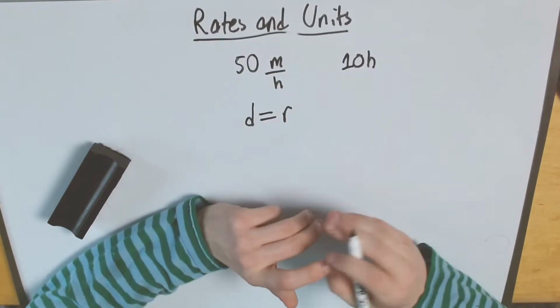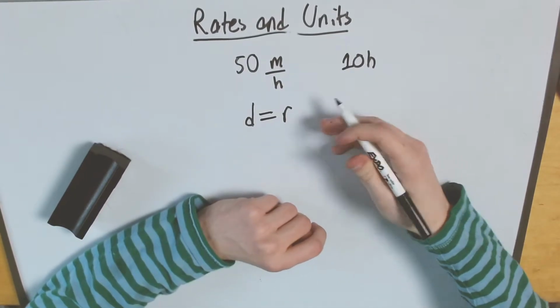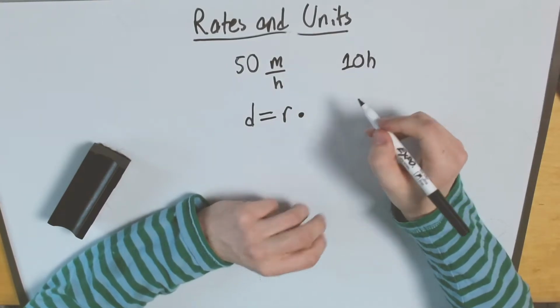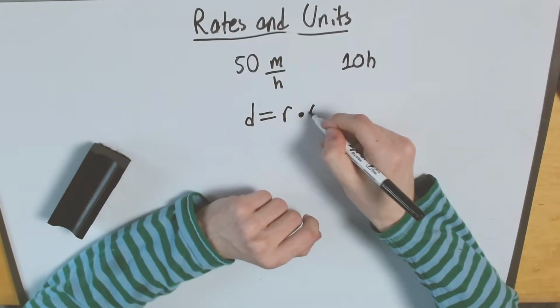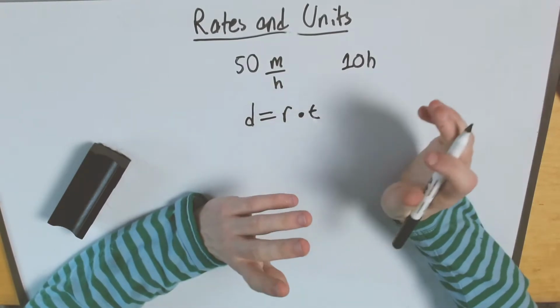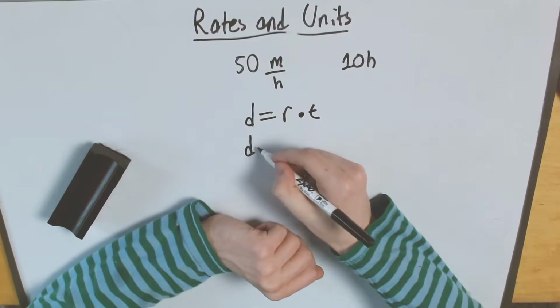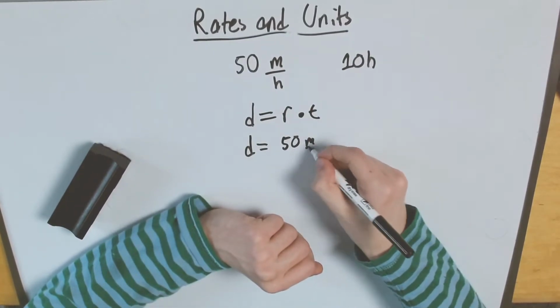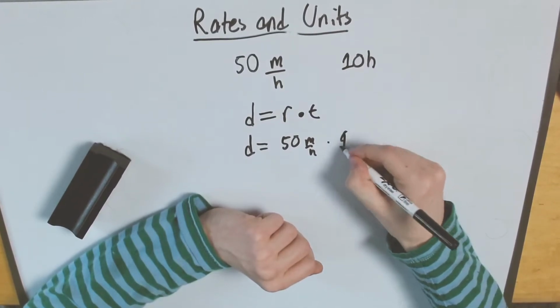How many miles we're traveling every single hour, that's a rate, times the number of hours that we've been traveling, or the total time. And we do that, we'll get our distance, right? So my distance is 50 miles an hour times 10 hours.